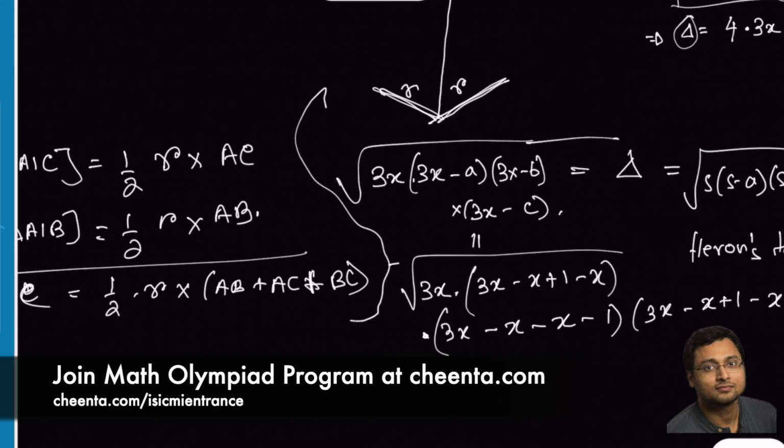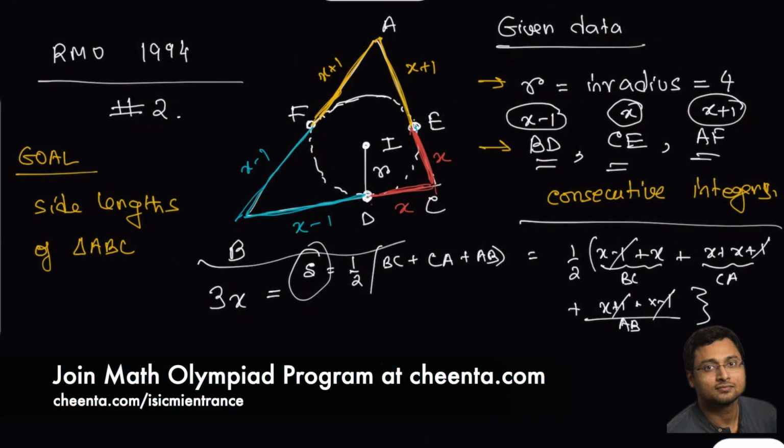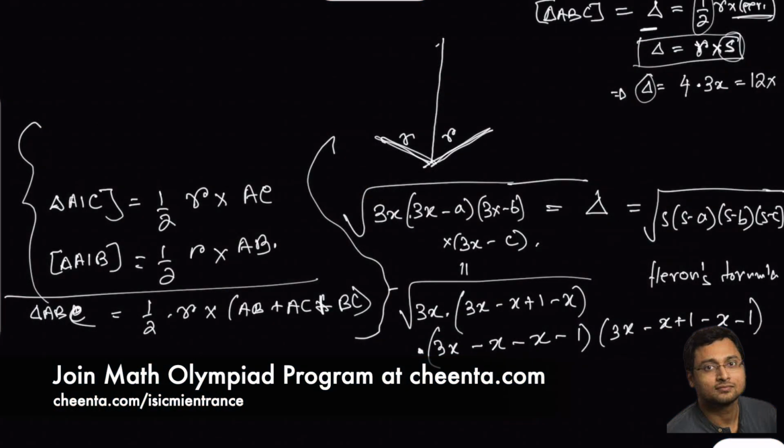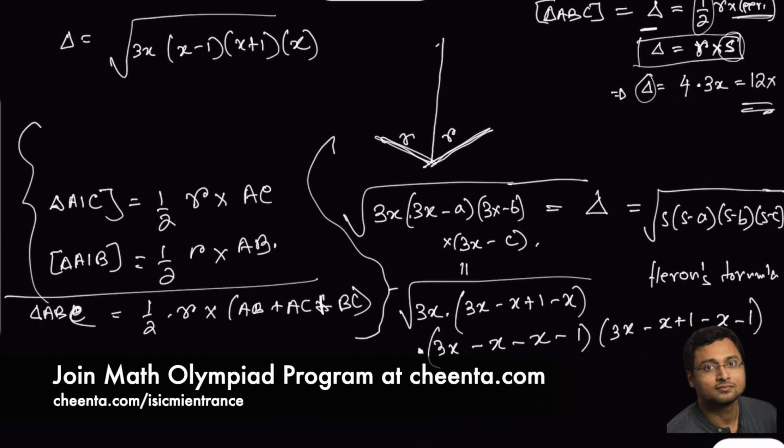So I'm just replacing the values of BC, CA and AB in this formula. So what do we get? We get delta is equal to the square root of 3x times x minus 1 times x plus 1 times x. But we already know that this is 12x. So this is equal to 12x.